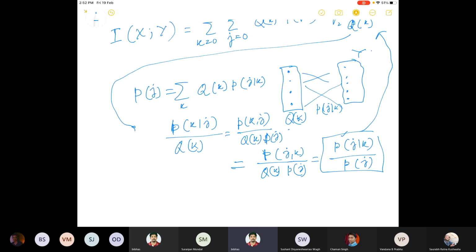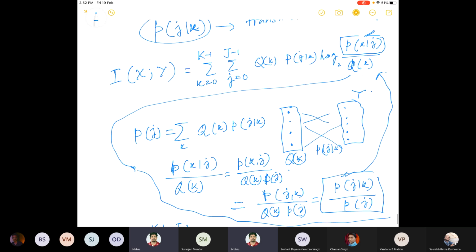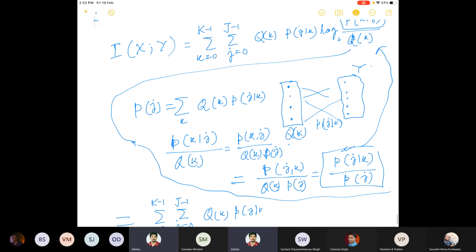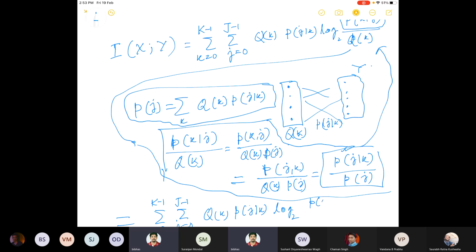If I use this, my average mutual information is nothing but the sum over k equal to 0 to k minus 1, sum over j equal to 0 to j minus 1, qk pj given k, then log 2 of p of j given k divided by pj.